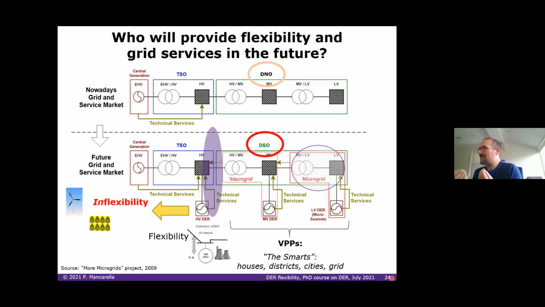Effectively, it is a system where the fundamental rationale of providing flexibility and security through asset investment, through redundancy, is shifted towards the rationale of providing security and flexibility through control. And of course, you need to have the technologies, not only to control, but also to be controlled. So all the new technology pretty much corresponds to this. So this is the smart grid, and this is the fundamental architecture shift that we see in the system.